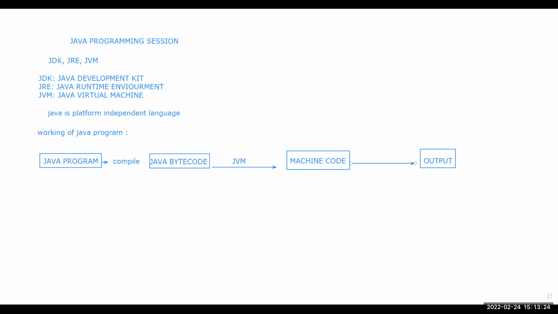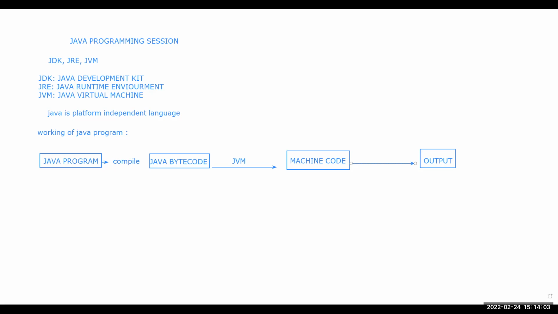This JRE is a package that provides classes, libraries, and some components required to run a Java application. So it provides class concepts and library concepts so that we can run Java applications in any of our particular software.